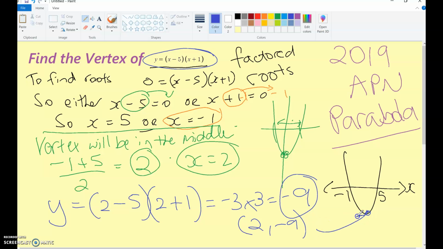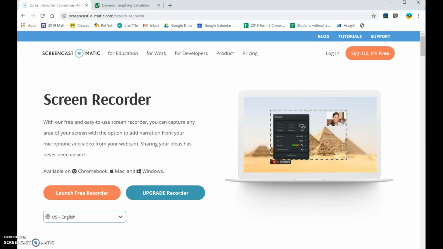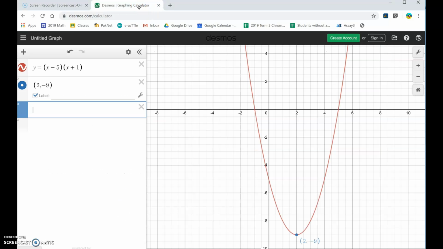So that there will be positive 2 and negative 9. All right, let's just quickly go to here. You can see there, here is the vertex, here's the equation, and so that's all proof of it being correct.